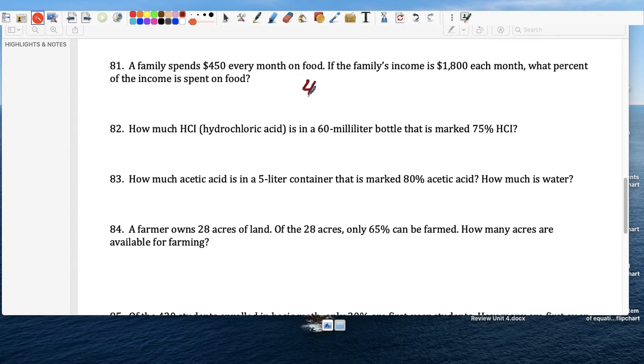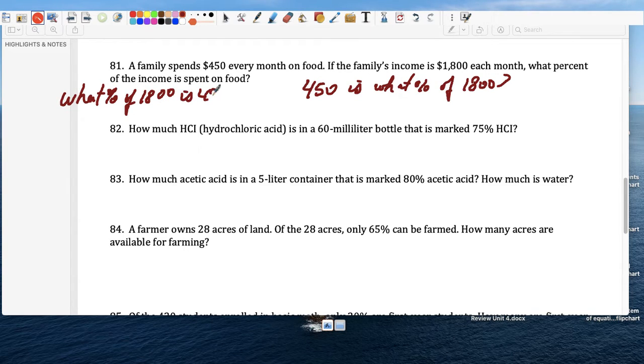So what percent of 1,800 is 450, or 450 is what percent of 1,800? If you roll it the other way, what percent of 1,800 is 450, that's completely fine too.